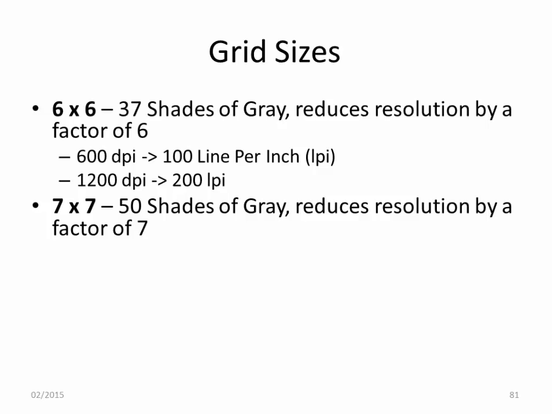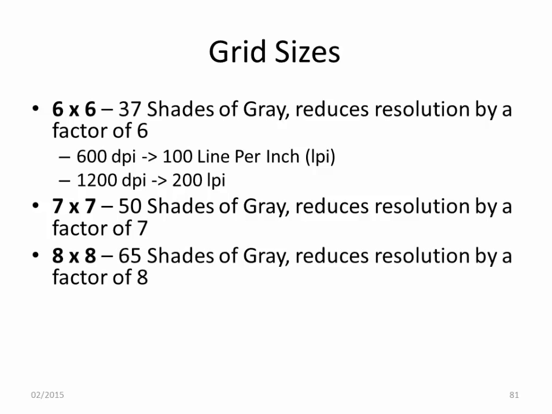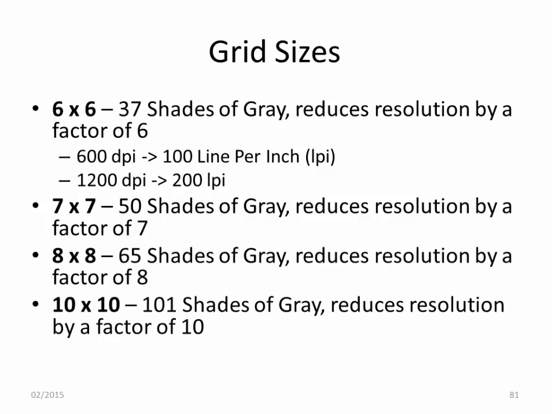But I've really reduced my resolution a bit more. It's not a factor of 6 anymore, it's a factor of 7. You want more shades? More dots. So you can go all the way up to a 10x10. I've got lots of shades of gray there, but you can see that I've really dumbed down the resolution that I can show, because I now have a grid of 10x10 dots, where before I had 6x6. So the more shades of gray you want to have, the more resolution you lose in producing this picture.